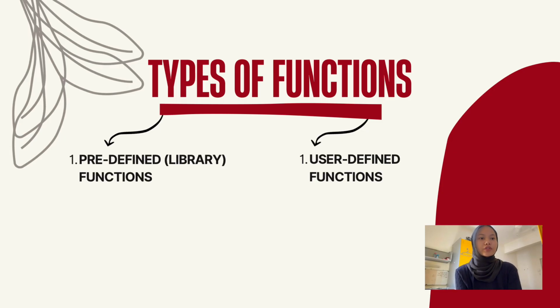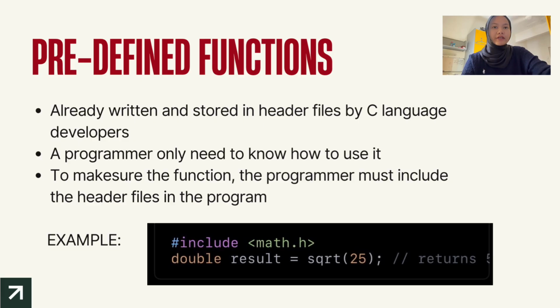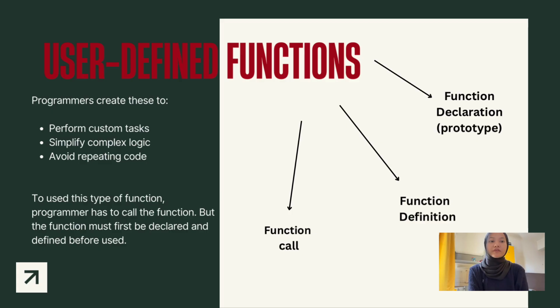So next we're going to learn about types of functions. We have two different types of function, which are predefined functions and user-defined functions. A predefined function is already written in the header files by the C language developers, so the programmer just needs to know how to use it. To use it, the programmer must include the header file. Next is the user-defined function.